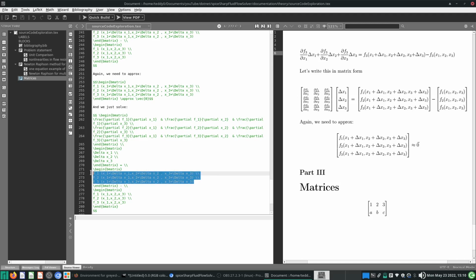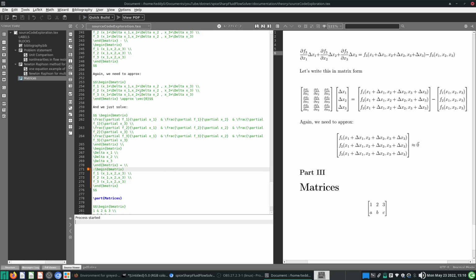So after this it becomes more or less like an eigenvalue problem. I never really got those terms right, but essentially we just solve this equation. Let me put a minus down there. There's a minus f1, f2, and f3.